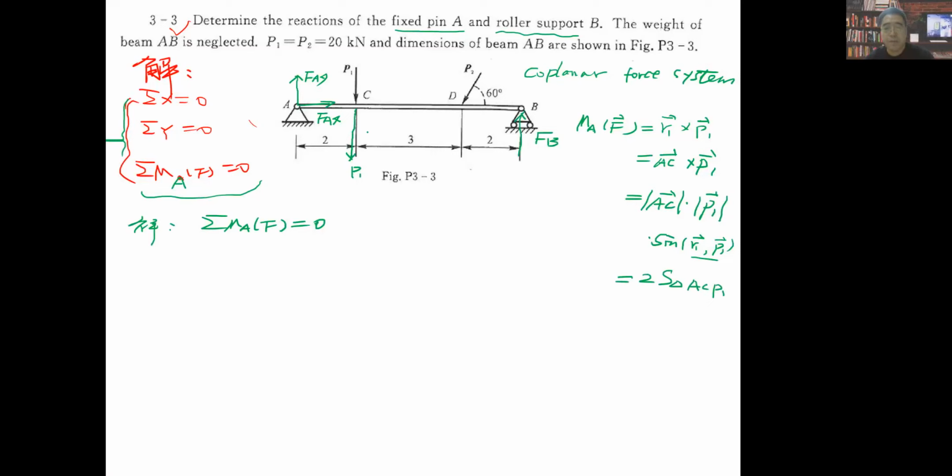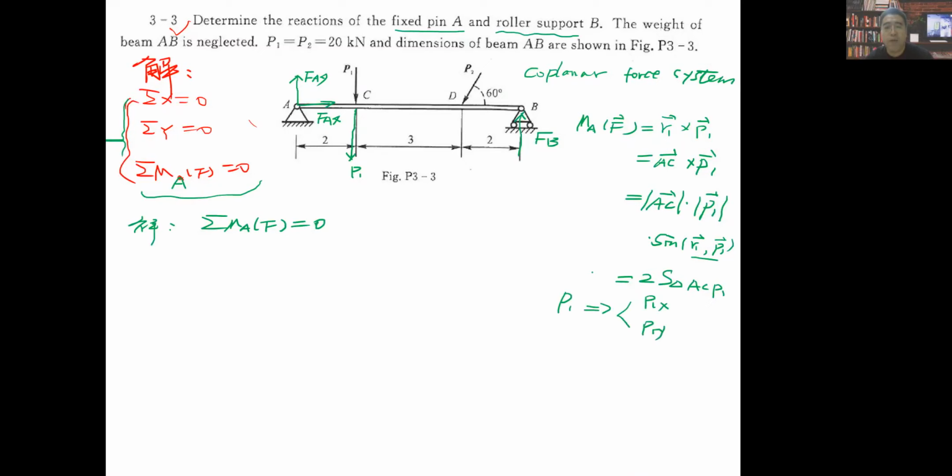So I think, like this P1, in the plane system we should always decompose this force P1 into two directions, which are P1X and P1Y.